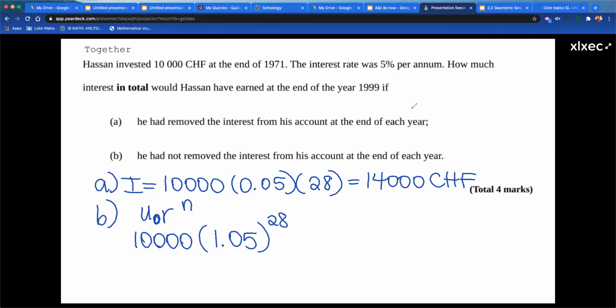And then to find my interest, what am I going to need to do to that number? Subtract 10,000, because 10,000 is how much he initially put in. If we're only looking for the amount he's earned in interest, we need to subtract that initial amount. So now what's our final answer? $29,201.29.